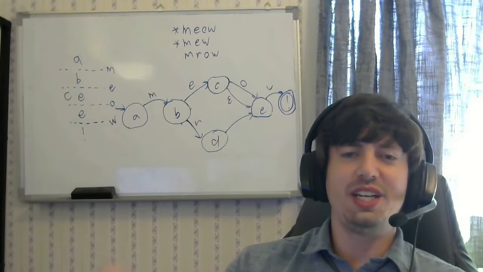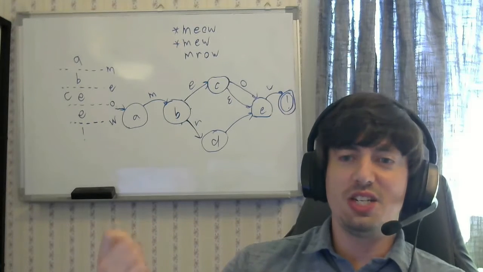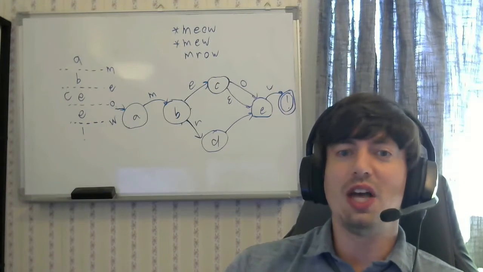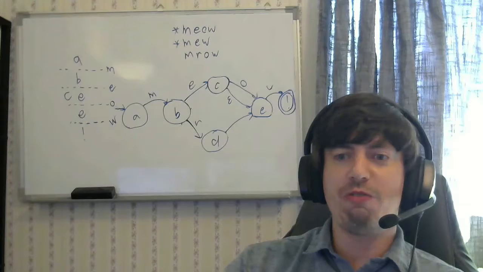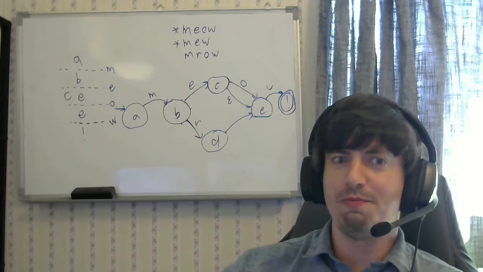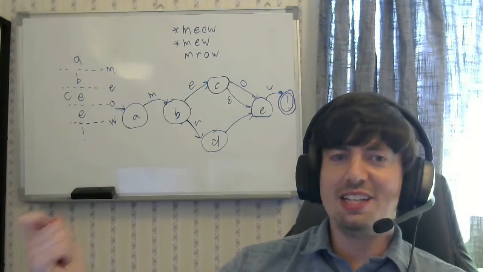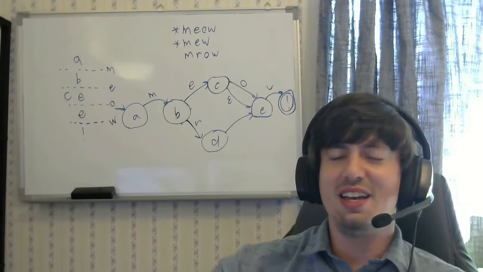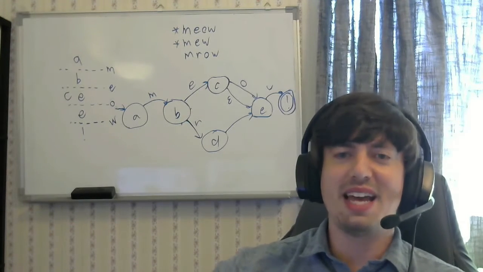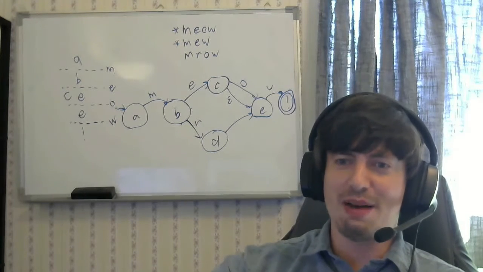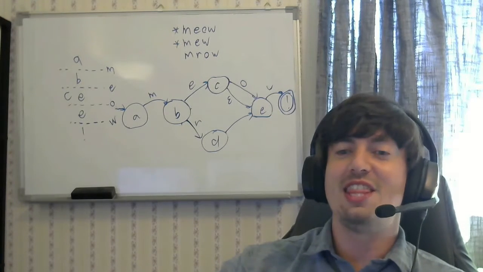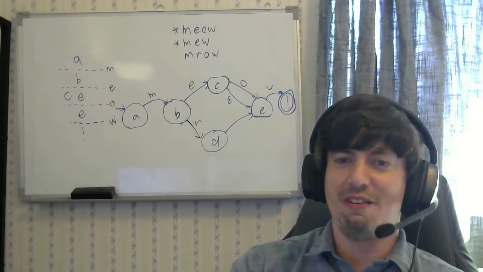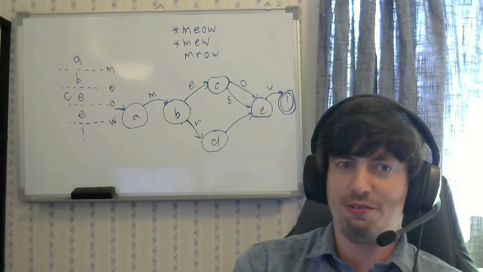And then the question is, do these additional rules and features allow us to solve additional problems? If the answer is yes, then there are some problems that a non-deterministic finite automaton could solve that no deterministic finite automaton could solve.